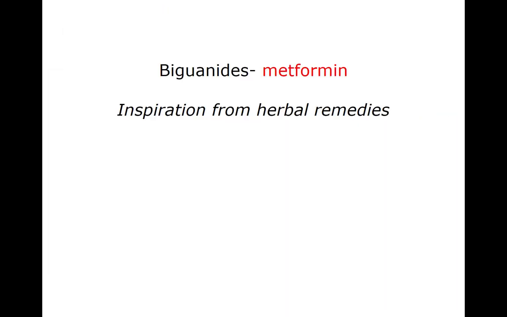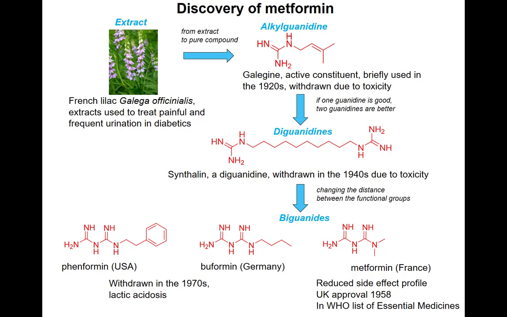So with that short introduction, we'll go through the first of these drugs, which is metformin. This is a drug that's really inspired by herbal traditional medicine, as you'll see in this next slide. The origin of metformin comes from the fact that the lilac plant, Galega officinalis, was used for the treatment of one of the side effects in diabetes, and that is the painful and frequent urination.